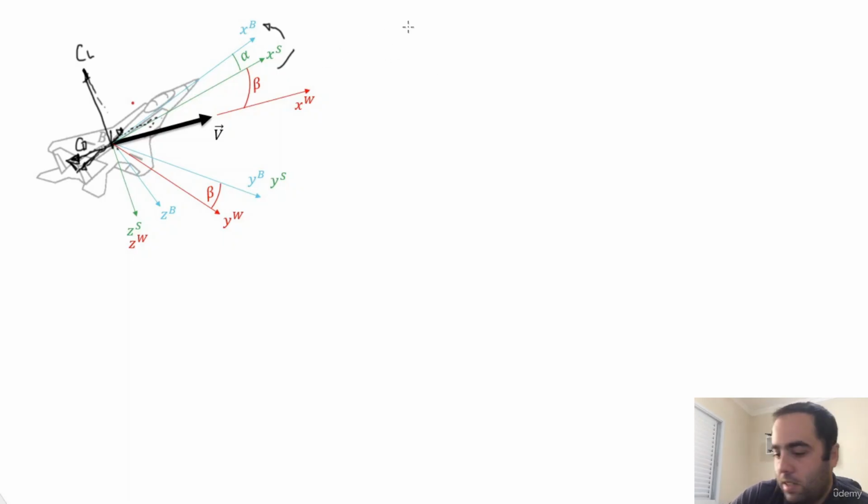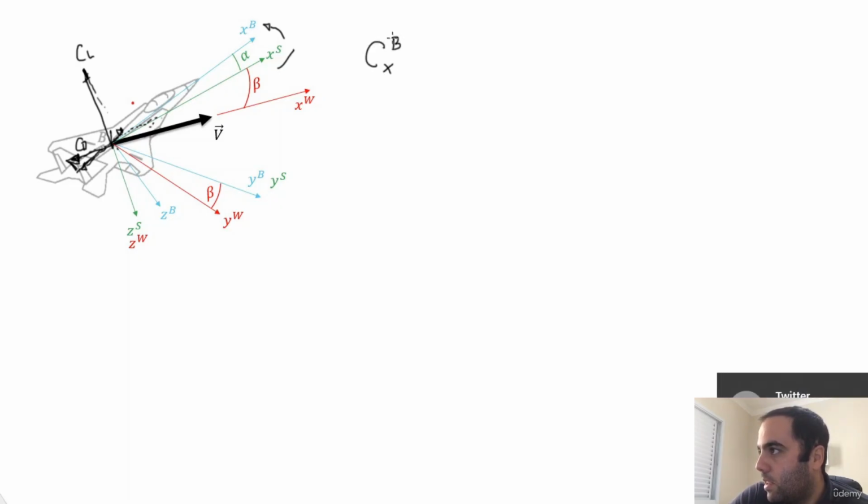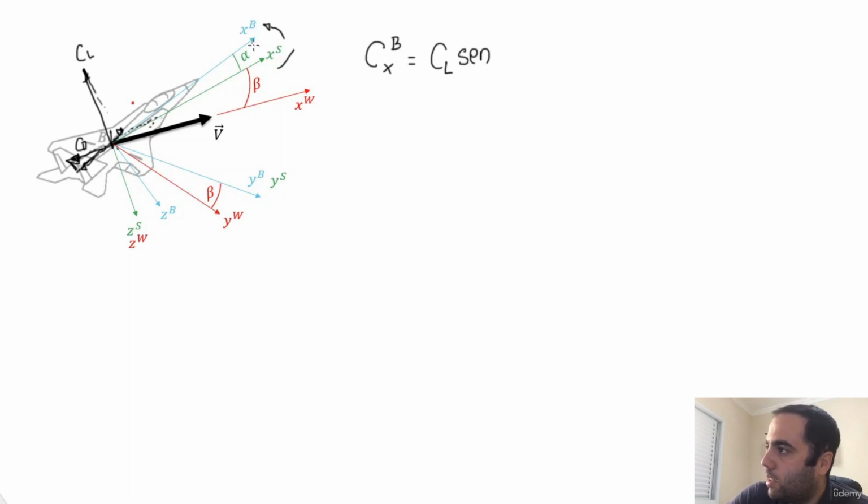So if we write here, the CX body is going to be a positive CL times sine alpha, and minus CD cosine alpha.